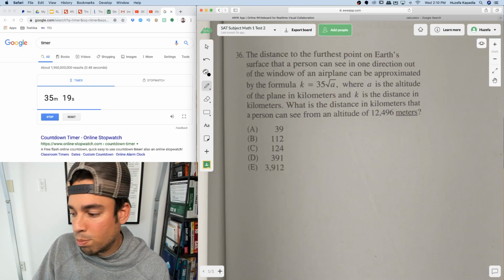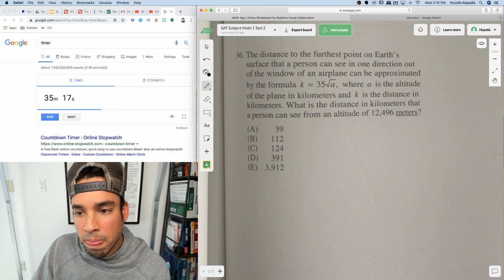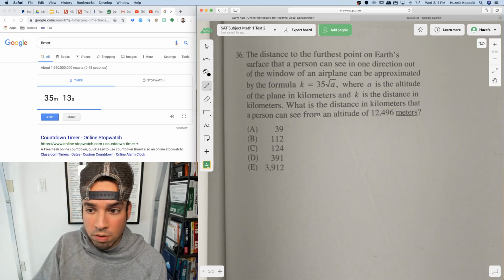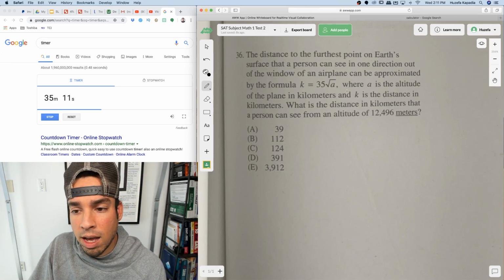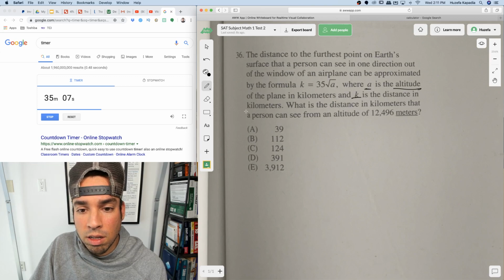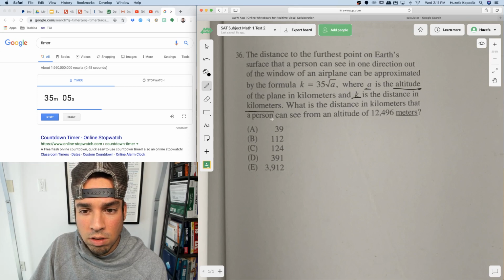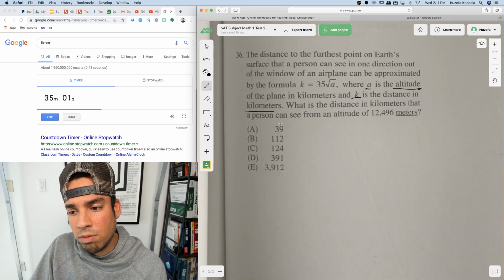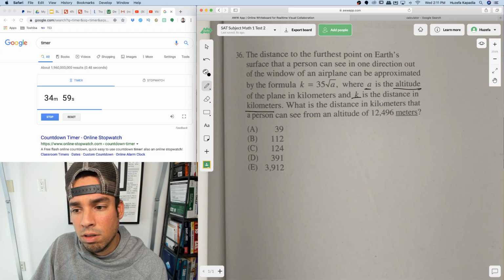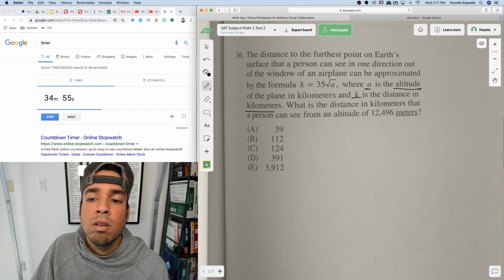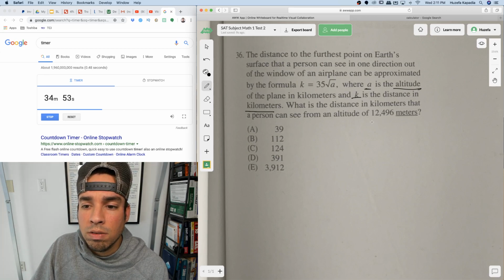The distance to the furthest point on Earth's surface that a person can see in one direction out the window of an airplane can be approximated by this, where a is the altitude and k is the distance in kilometers. Okay, what is the distance in kilometers that a person can see from an altitude of... ooh, it's in kilometers.